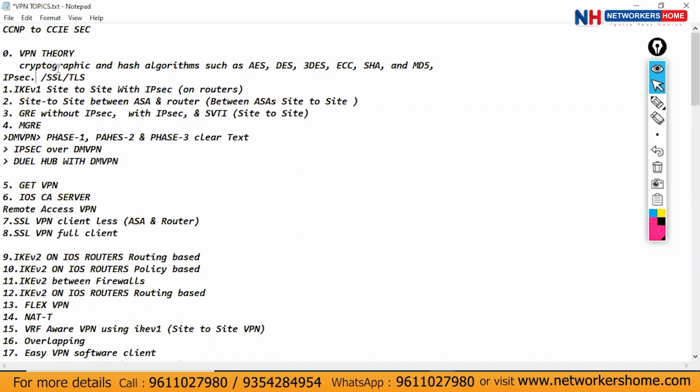SSL and TLS we'll discuss later, but initially we have to discuss IPsec down to the packet level, and you have to understand all the basics of IPsec in depth.